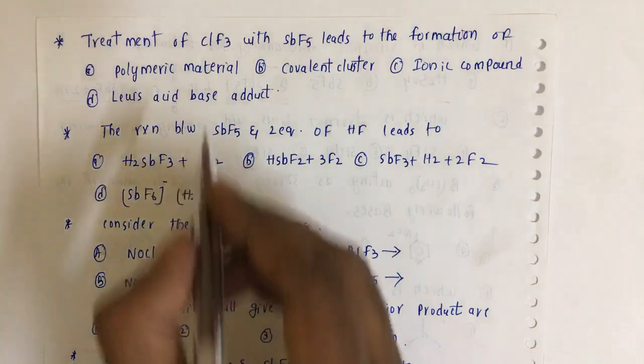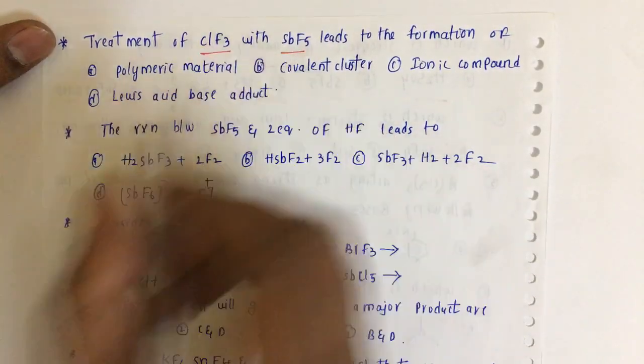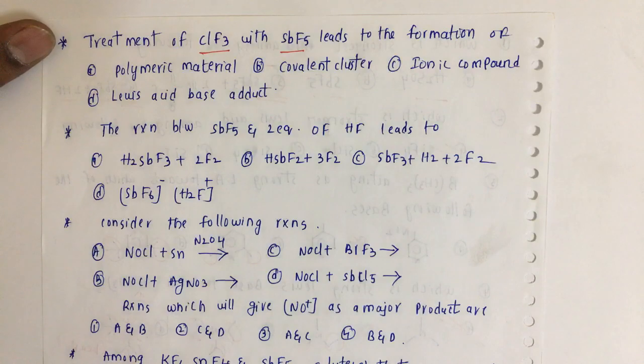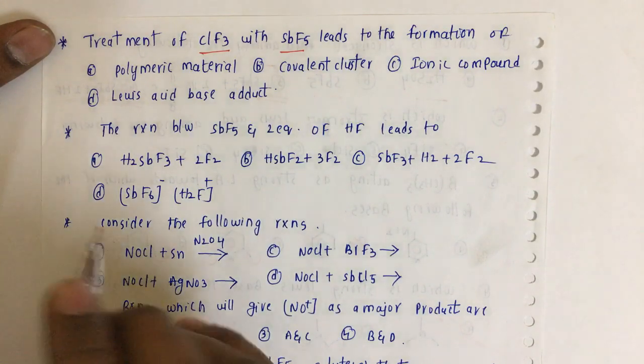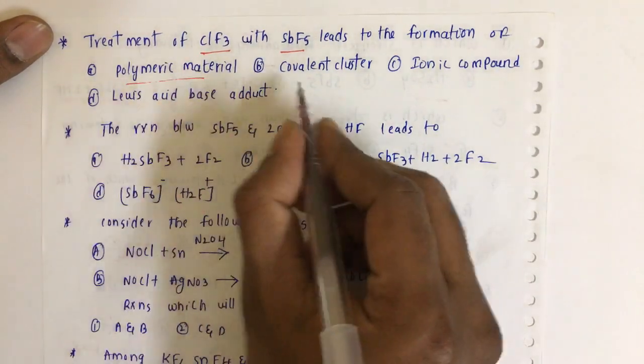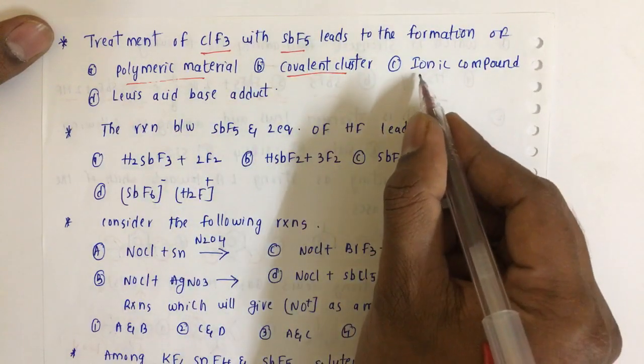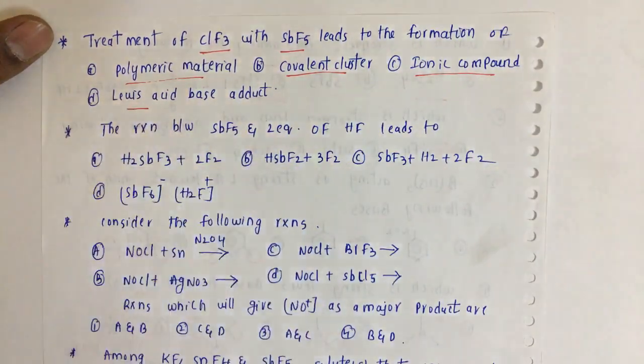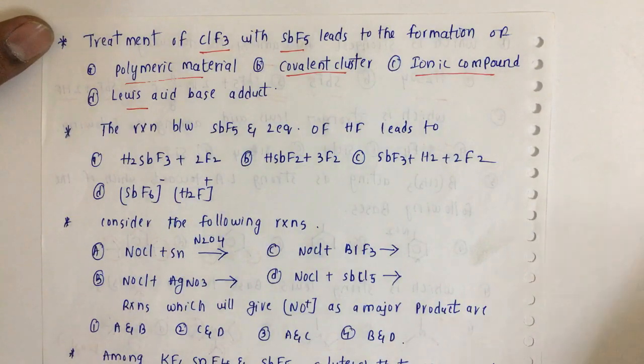The treatment of ClF3 with SbF5 leads to the formation of, they have given options: polymeric material, covalent cluster, ionic compound and Lewis acid base adduct. So this is a very simple question.